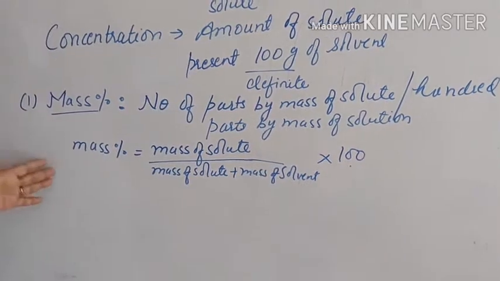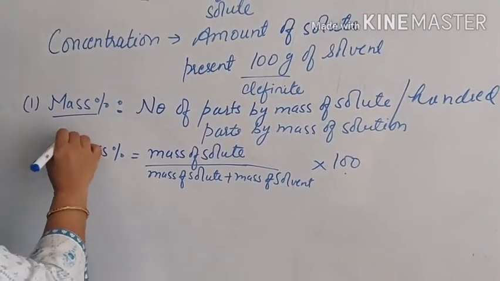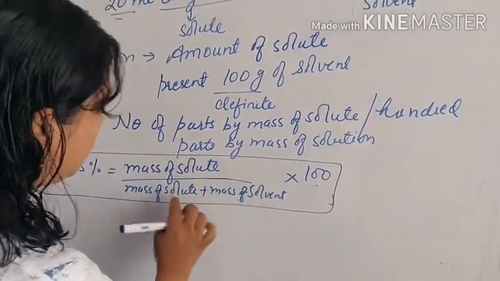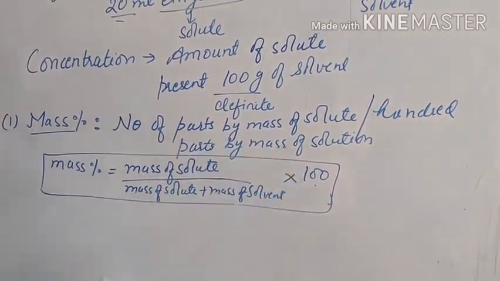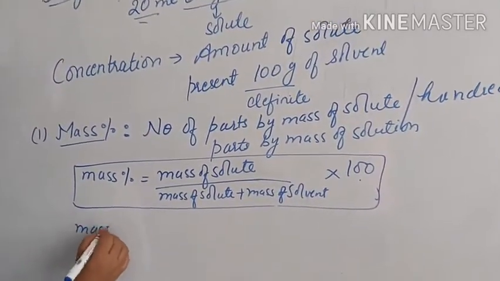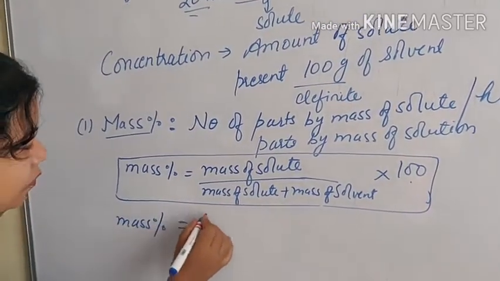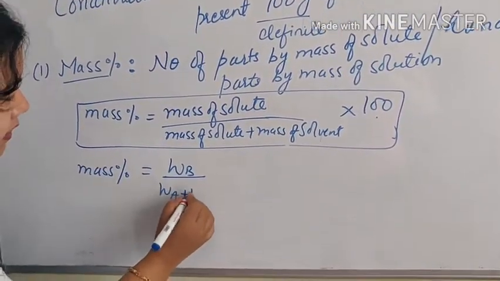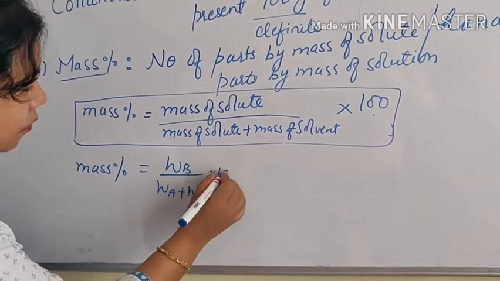So this is the formula for calculating mass percent. This may also be written like this: mass percent is equal to WB upon WA plus WB into 100.